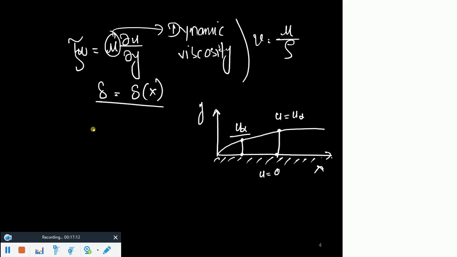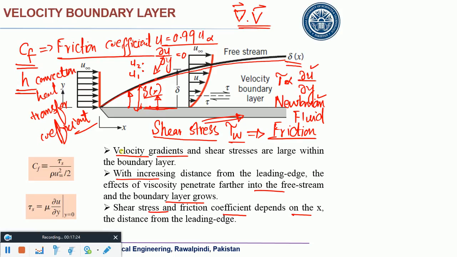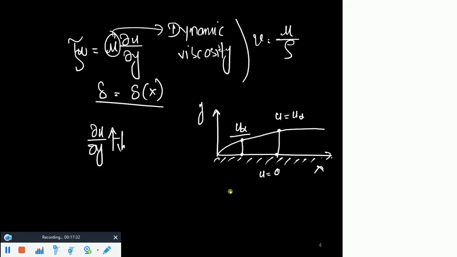You remember that discussion where we talked about how partial u by partial y varies along different sections, whether it increases or decreases. We will talk about that in detail as well, but I am just taking this into the discussion for a recap. So you can say that shear stress and friction coefficient depend on x.